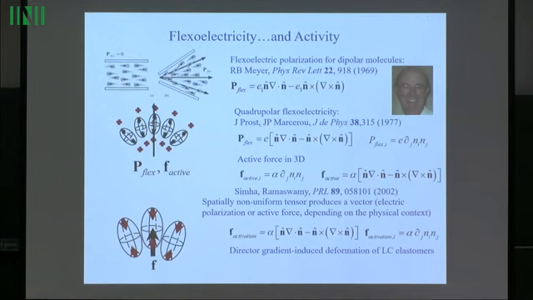Yes? Is there an equivalent expression in the active context for dipolar swimmers? What do you mean, dipolar swimmers? I guess that's right. Everyone's quadrupolar, right? If you have a bacterium swimming in the bulk of water, it is always a quadrupolar thing because the propulsive force is compensated by the friction force.